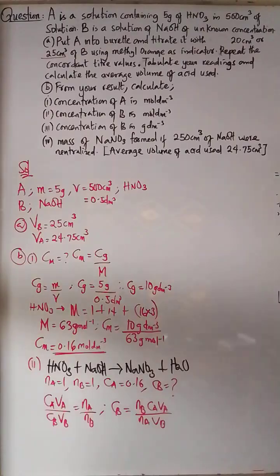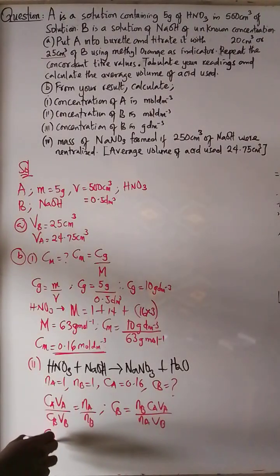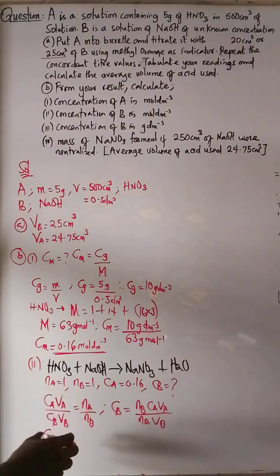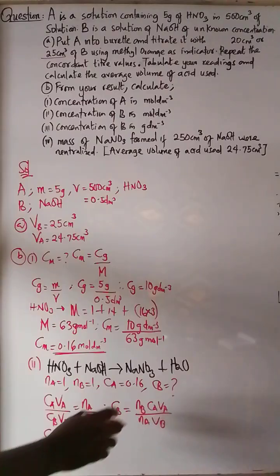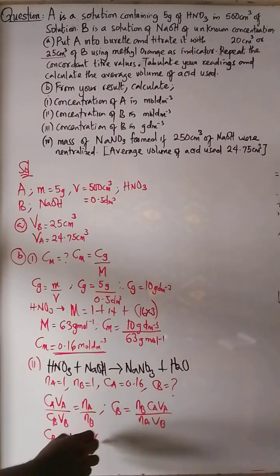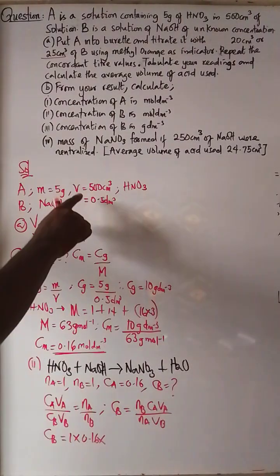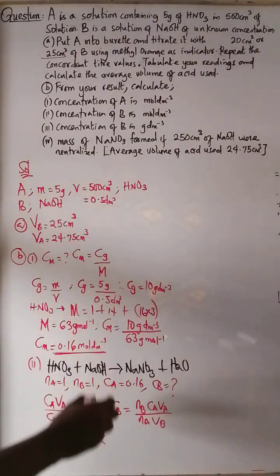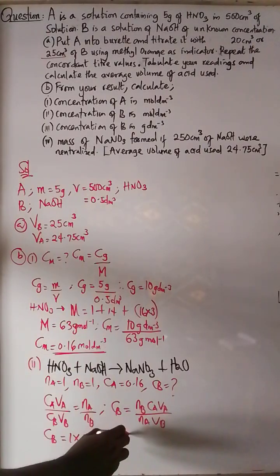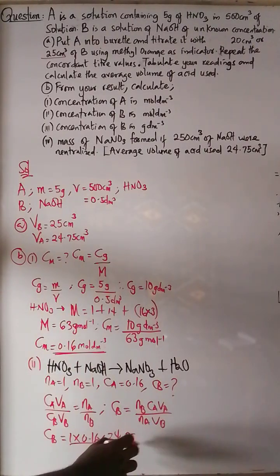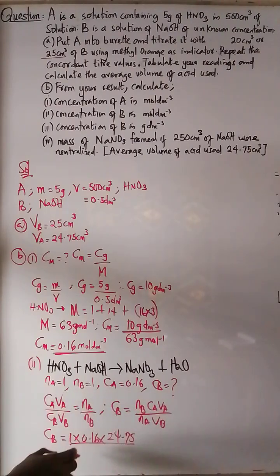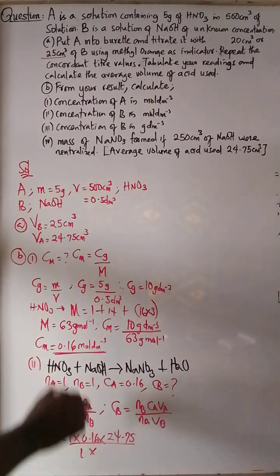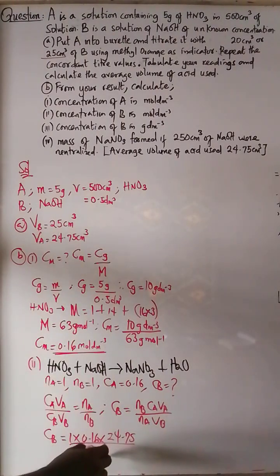So now let's input the values. What is NB? 1. What is CA? 0.16. What is VA? VA is 24.75. What is NA? NA is 1. VB is 25.